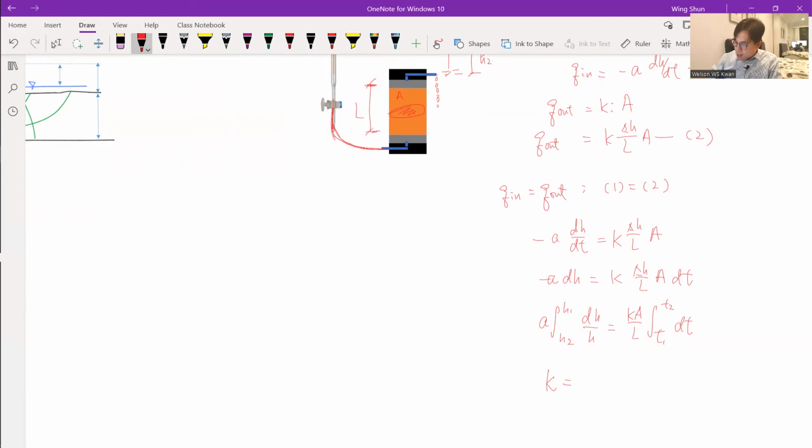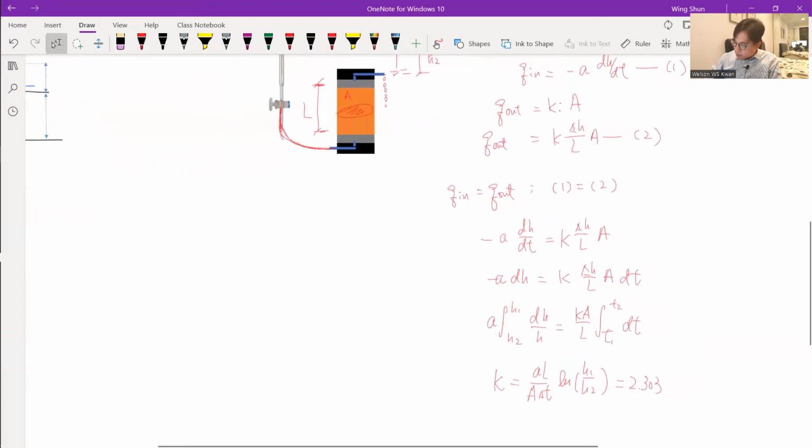So now K equals all these parameters that we can measure in the lab. And this is natural log, and if we convert that back to log base 10, we get this formula.